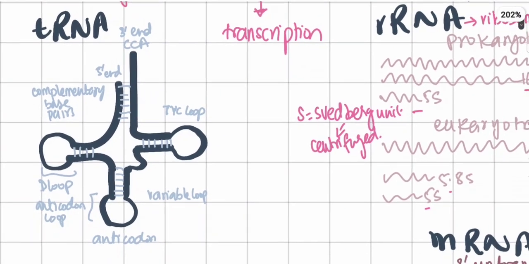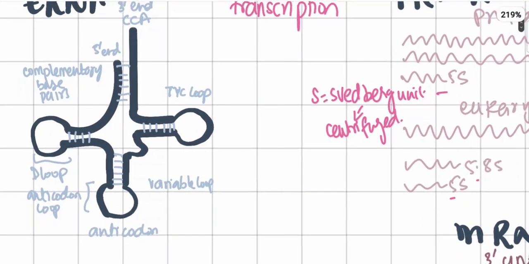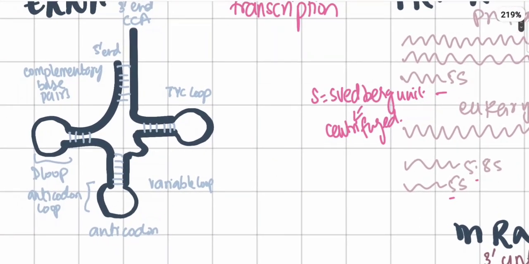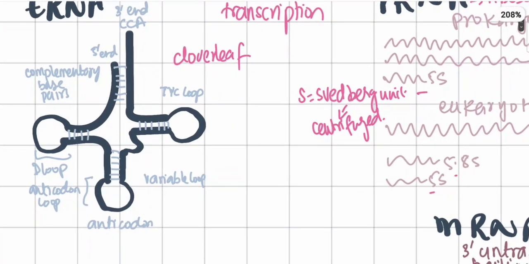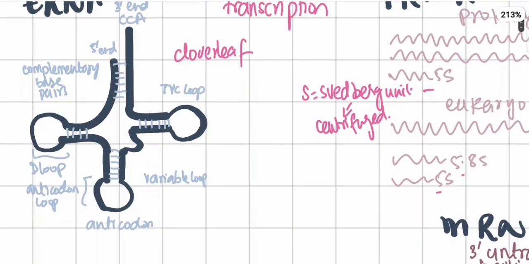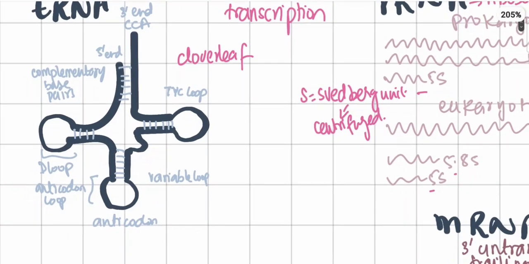And then we have the transfer RNA. It basically has two models, but right here I have made the clover leaf model, because that's what is important. We will detail transfer RNA in a later video when we talk about translation.